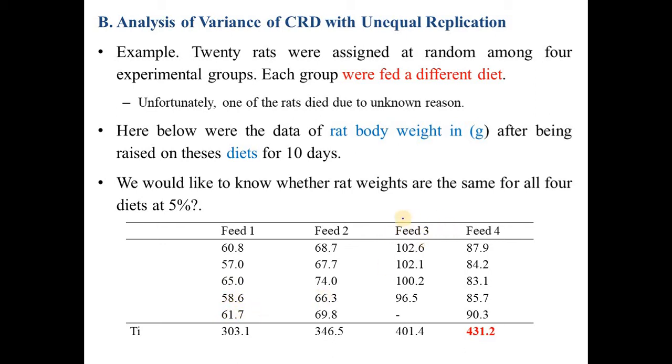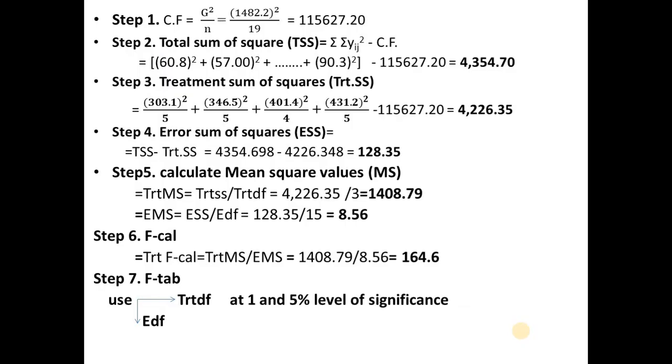The fifth replication of the third treatment was missing because the rat died. Record all the values, and then calculate the treatment totals and the grand total.